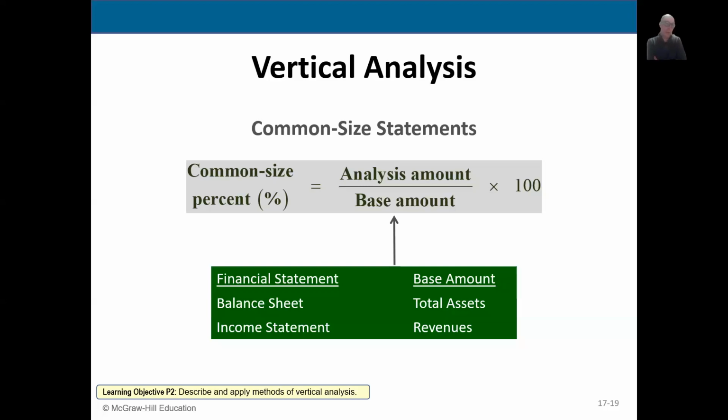So we take the analysis amount divided by the base amount and multiply by 100. The base amount is very specific, depending on the financial statement you're looking at. For the balance sheet, the base amount is total assets. For the income statement, the base amount is total revenue. Those are your base amounts.